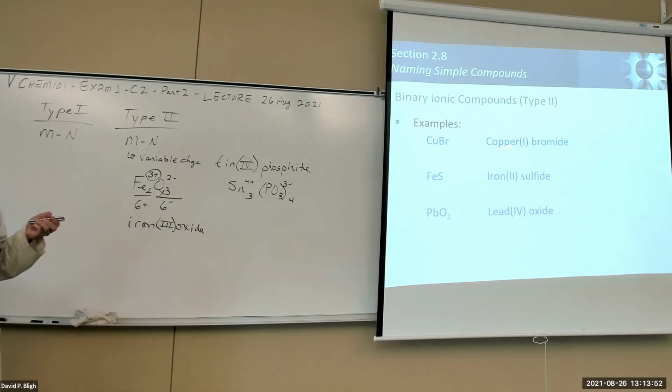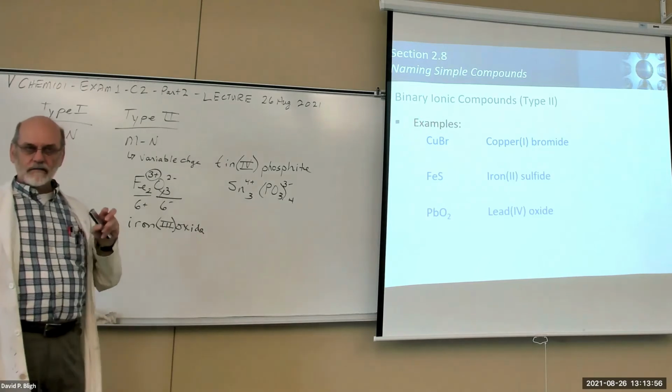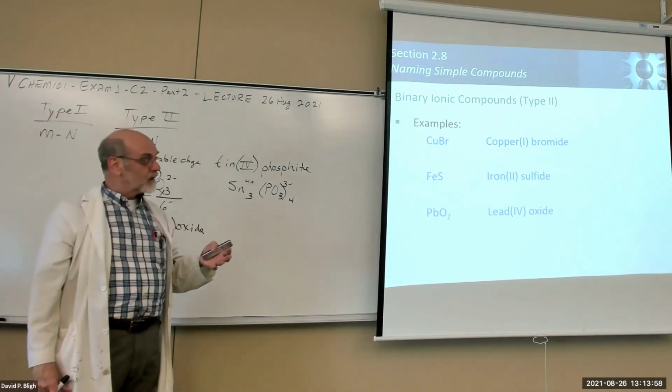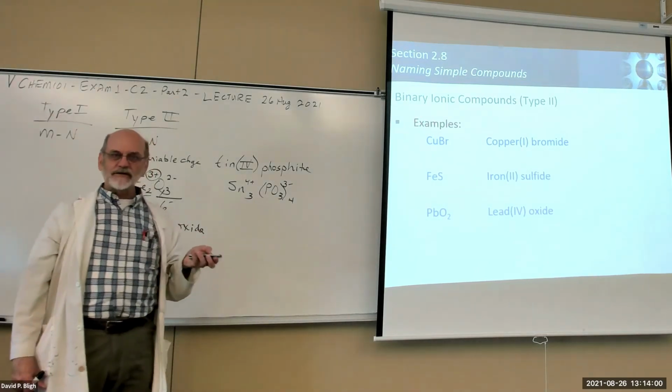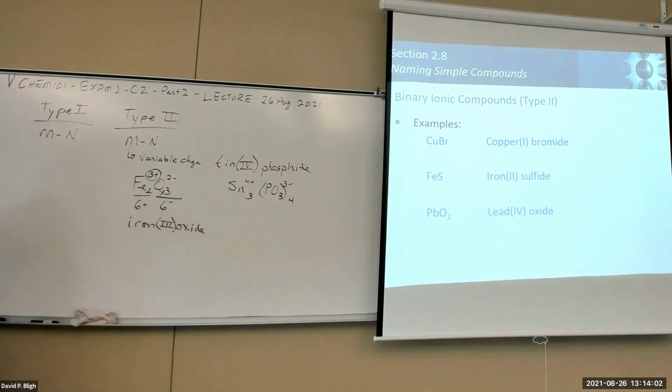So copper and bromine. Notice also that a great many of the type 2 metals come from the transition metals in here. But there are also some over here. Right? Tin is one of them that I just used. Some of those have multiple possible charges.